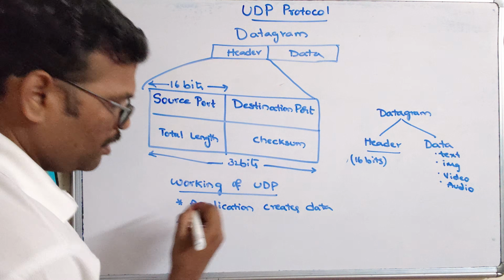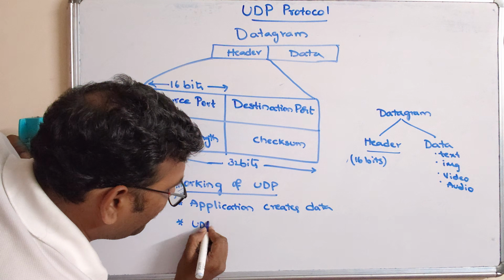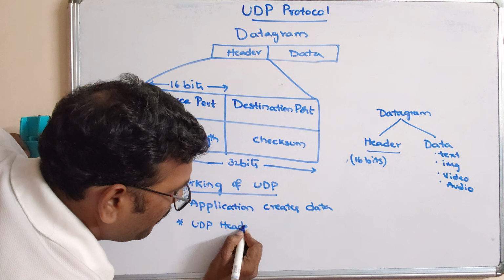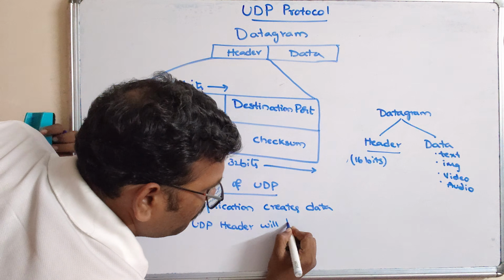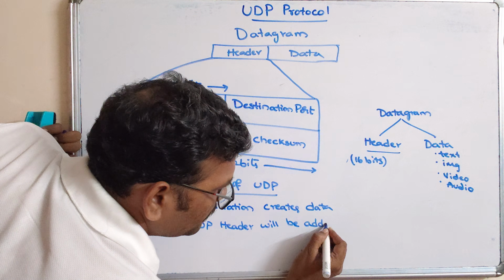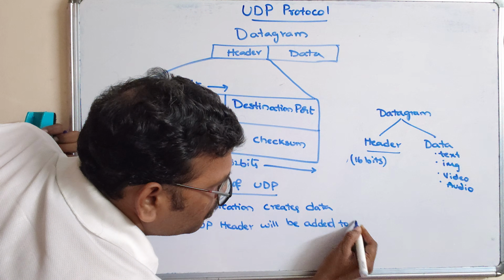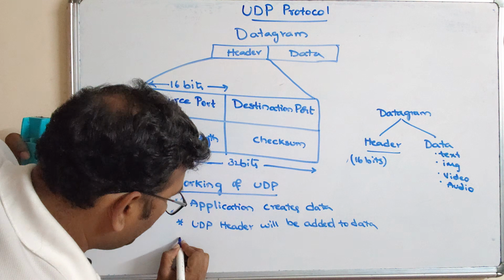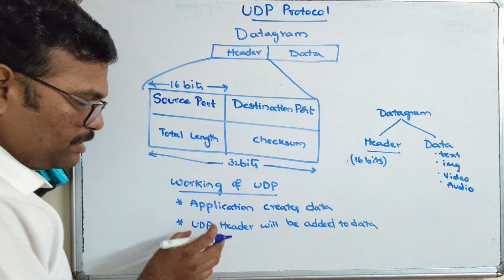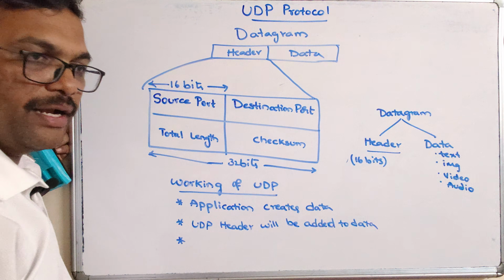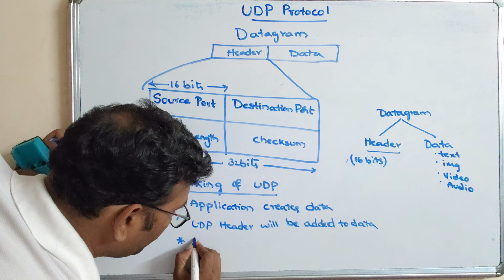Second one, the UDP header will be added to the data. And third one, directly this particular UDP header and data, which is a datagram, will be sent through the internet.